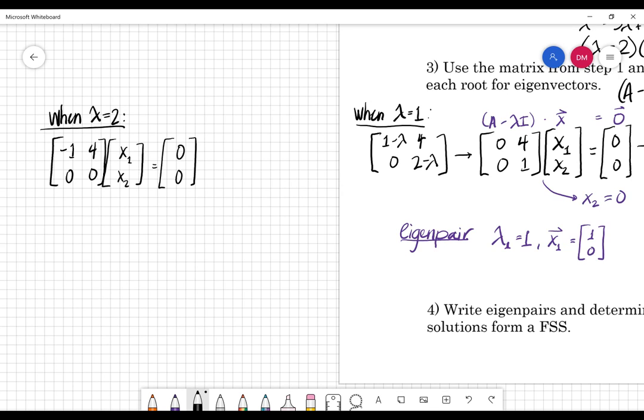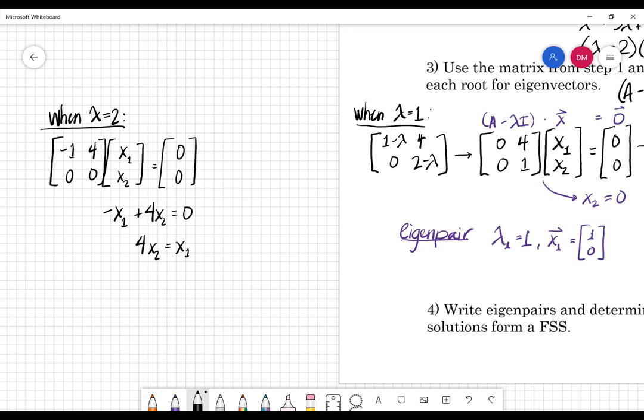So if we use row 1 there, that's the only one that's going to give us some good information. If we take -1 times x1 plus 4 times x2, we're saying that that's equal to 0. Okay, well, that's fine. 4 times whatever x sub 2 is has to equal x sub 1. So I just pick some x sub 2 and x sub 1 that works for that, keeping in mind, we can't use what we got for our last eigenvector.